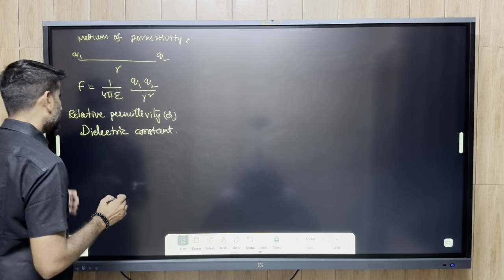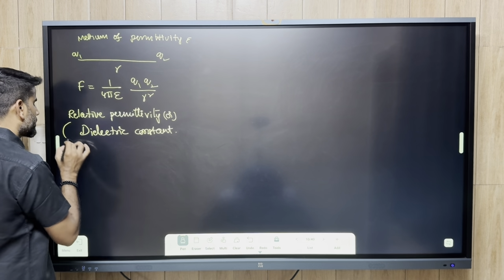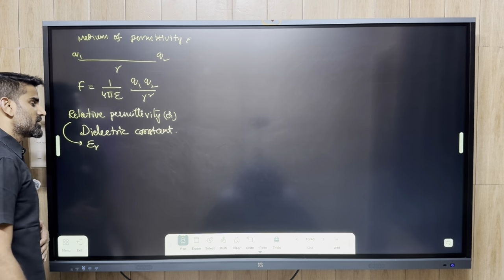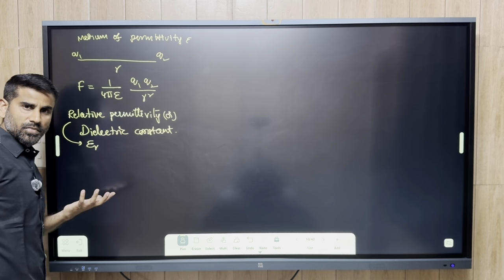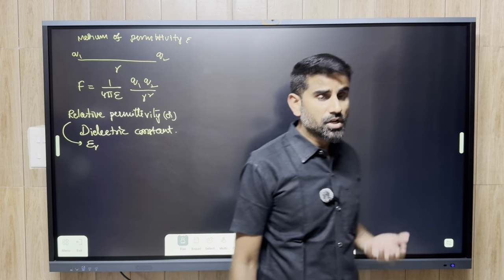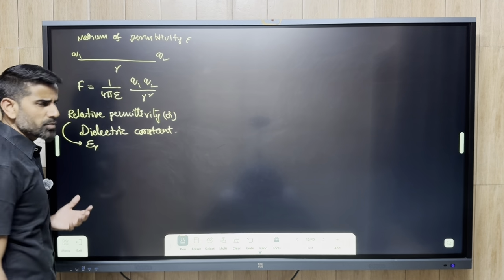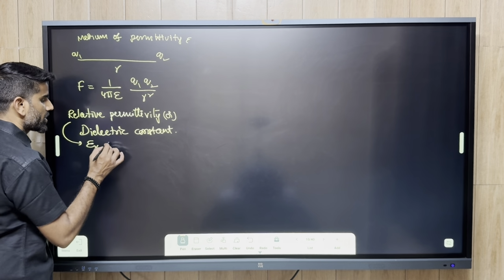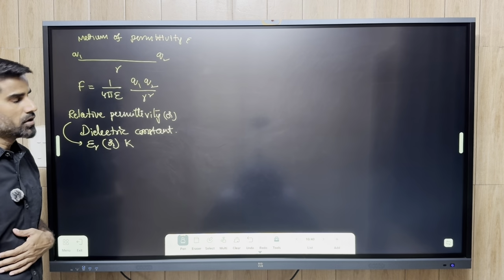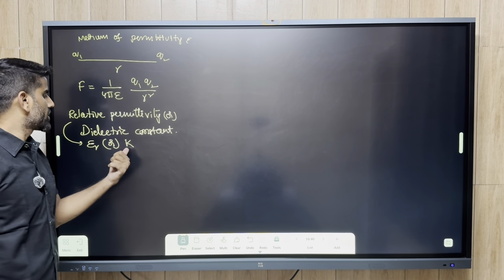We usually represent relative permittivity with epsilon R, and this dielectric constant is often represented with K. Both of them are the same, whether you represent it with epsilon R or with capital K. Both are representing the same quantity. So, relative permittivity, dielectric constant, epsilon R or K.